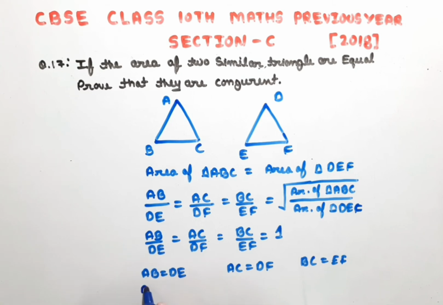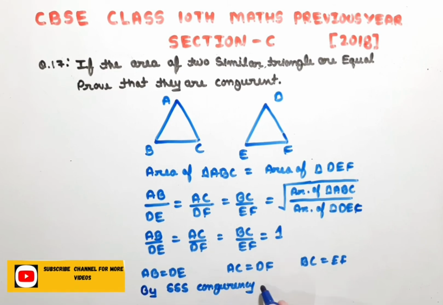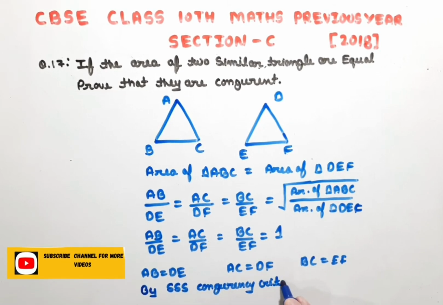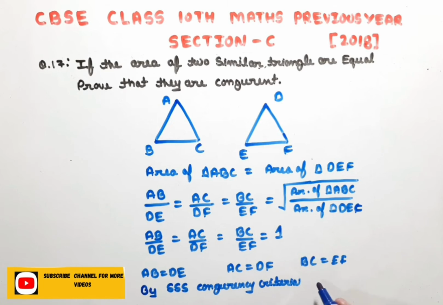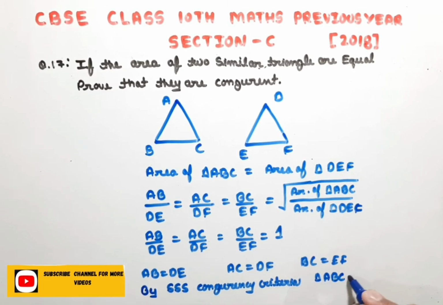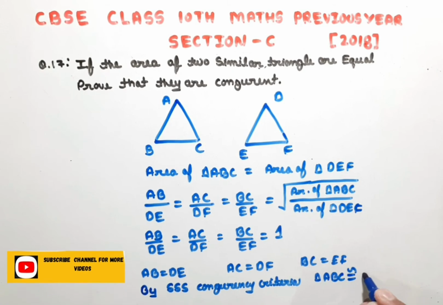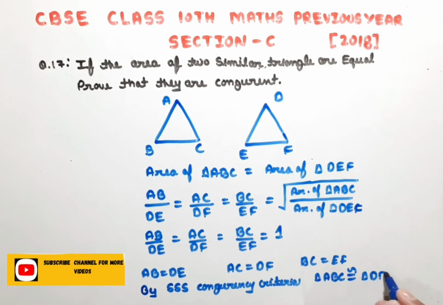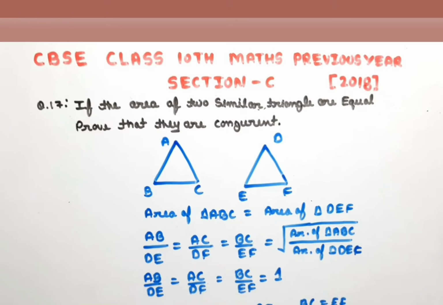So by SSS congruency criteria, triangle ABC is congruent to triangle DEF, hence proved.